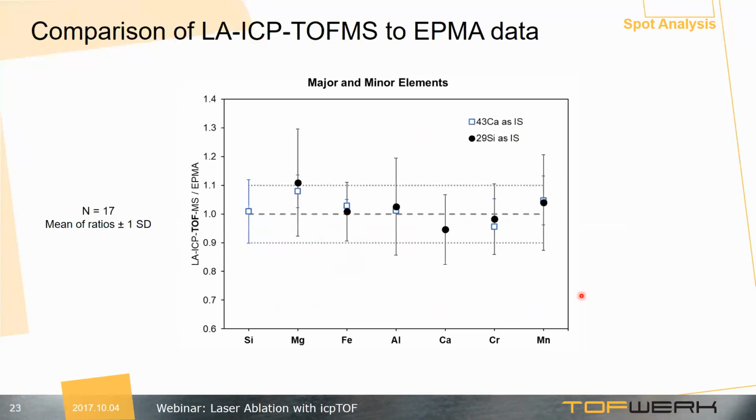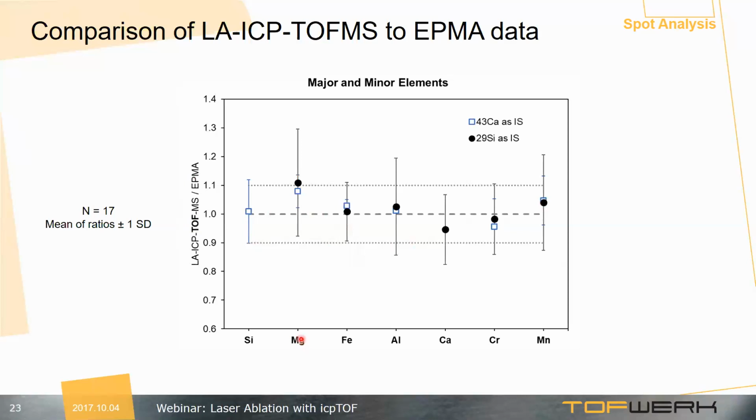Then we can compare the results first to the EPMA data, the data from the electron microprobe. Here I'm basically assuming that the EPMA data are accurate to within 10%. You can see that the TOF data basically fall along this range, so they're accurate to within 10%. One exception here is magnesium.